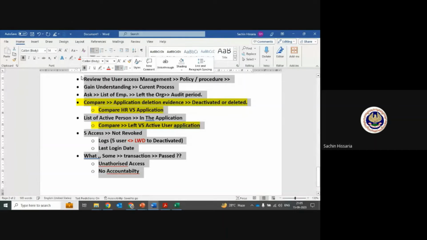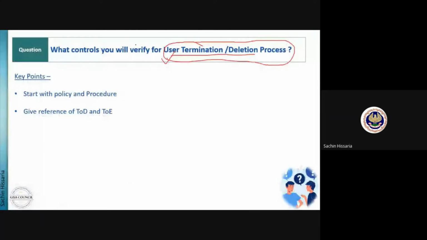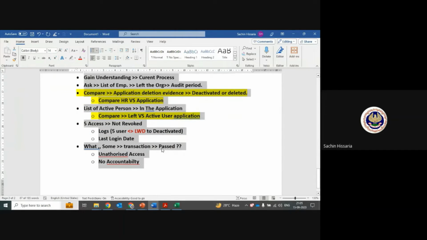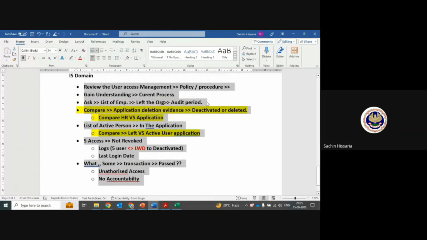So this is how you will answer this question: as an auditor, what are the controls that you verify for the user termination or user deletion process? We started answering this question from policy and procedure, and we also gave the reference of TOD and TOE. Now you might be thinking, where are TOD and TOE in this scenario?